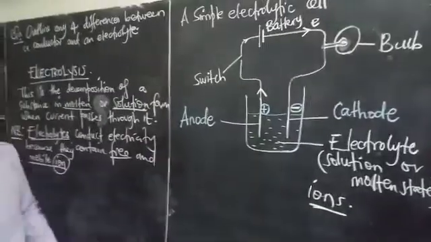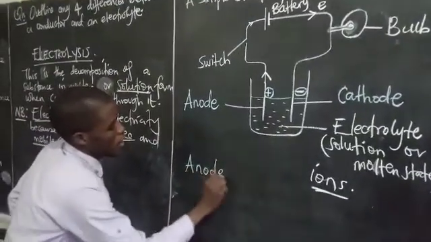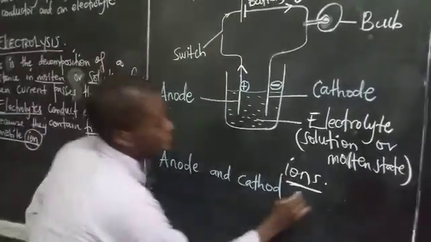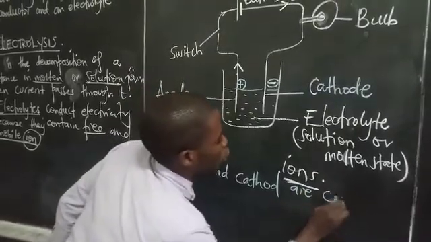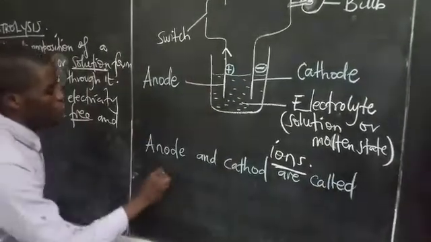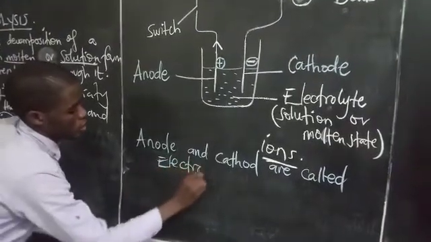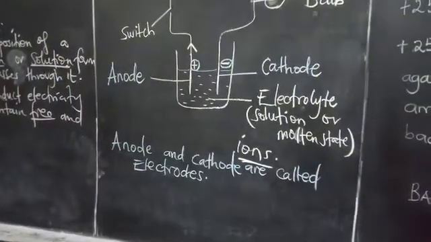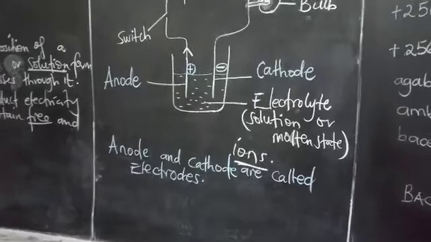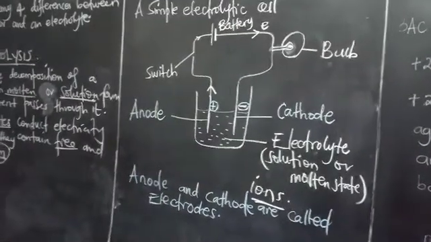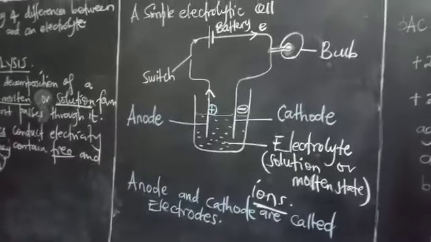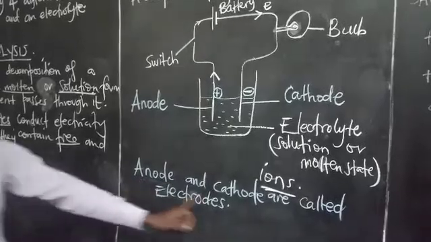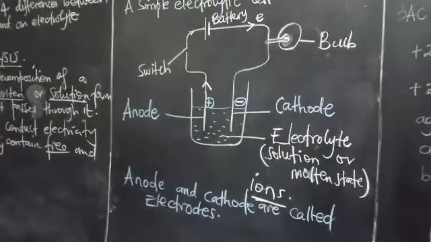Anode and cathode are both generally called electrodes. So we can call it a lesson, and make sure when you go, you look for the meanings of those three words and you continue making research.